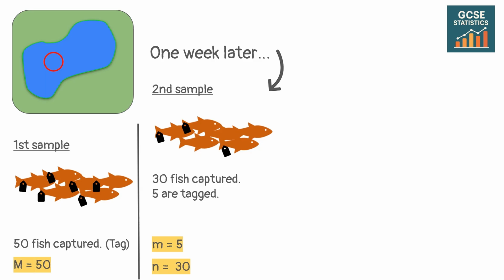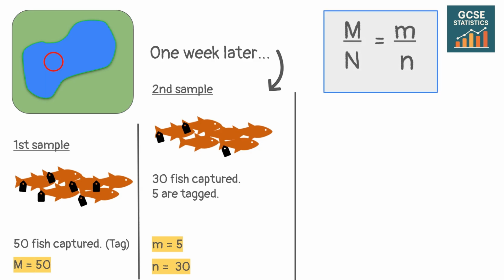I've put the formula here for reference. Now we have the values and it's become clear what we are trying to solve. N, or in other words, the population. It's self-explanatory. Stick the numbers in and you'll end up with this. 50 over N equals 5 over 30.